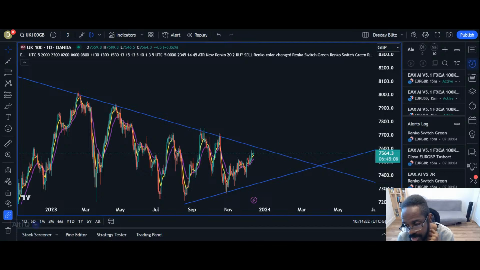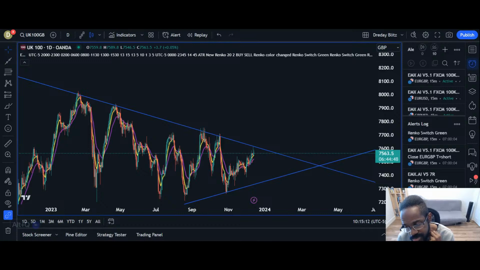So you have to look at the weekly and then the monthly, especially if you're mid-month, because that's a good indication of whether the market is starting to reverse or not.